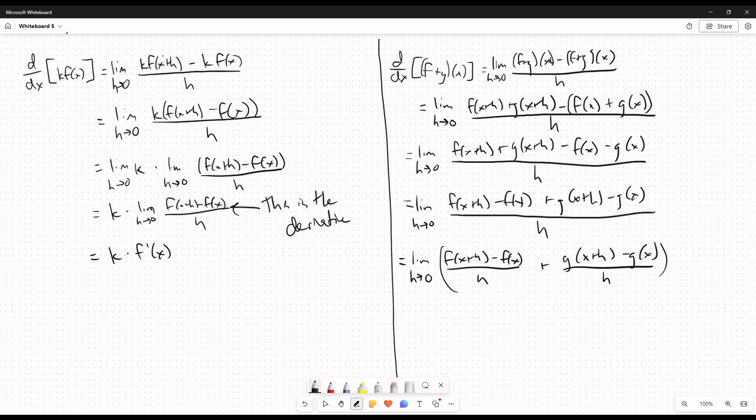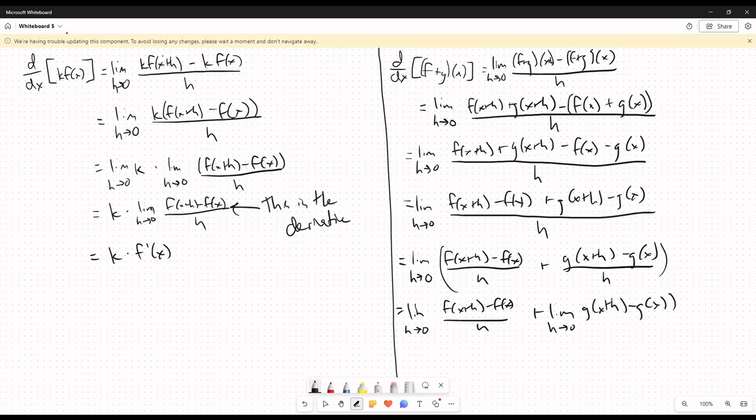Now, another one of my rules for limits is that I can take the limit of each term. So this is really the limit as h goes to 0 of f of x plus h minus f of x over h plus the limit as h goes to 0 of g of x plus h minus g of x, all over h.